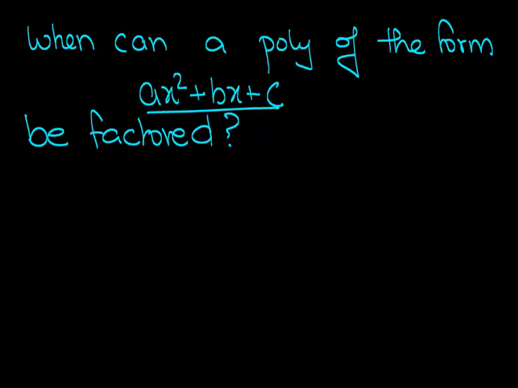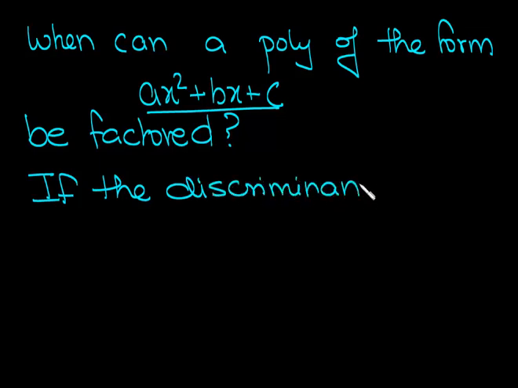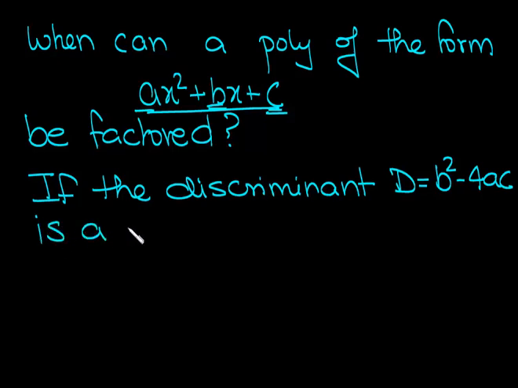Okay, so let's say that a polynomial of this form of degree 2 with 3 terms can be factored if the discriminant, I'll explain what that is. The discriminant D, which is equal to b squared minus 4ac, where b is from here, a, c's are from here, is a perfect square.